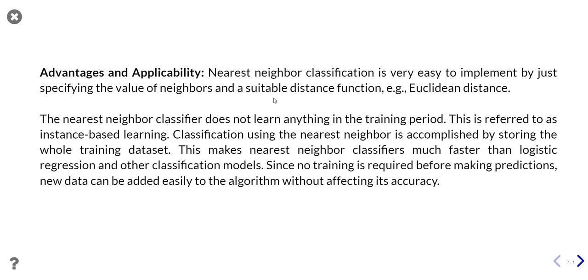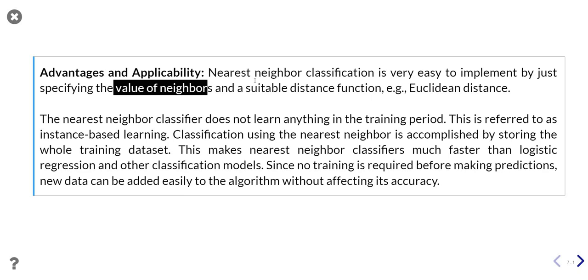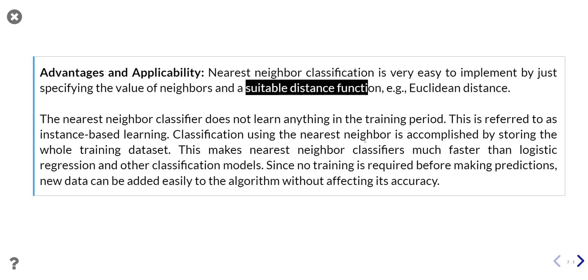Some of the advantages and applicability are that it's very easy to implement, because you just need to specify the value of the neighborhood. In k-nearest neighborhood, one of the distance functions is Euclidean distance, which is the simplest one. There are many others as well.